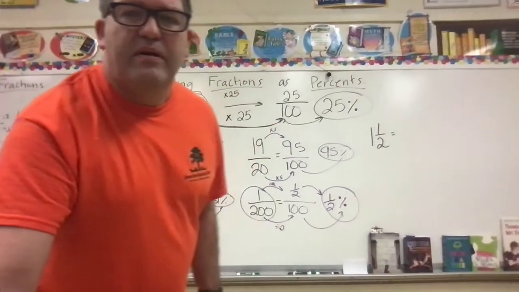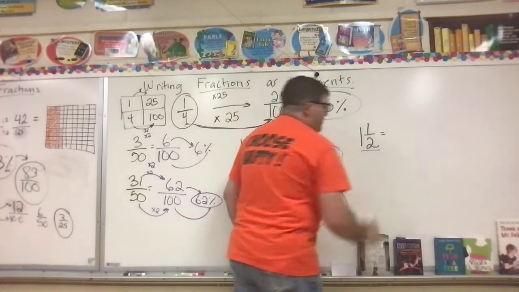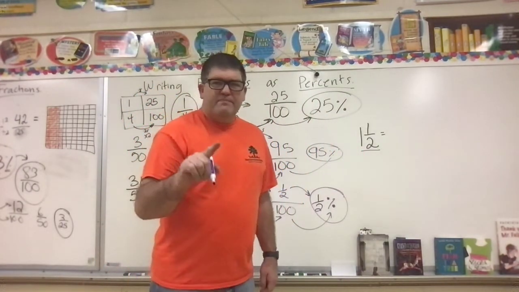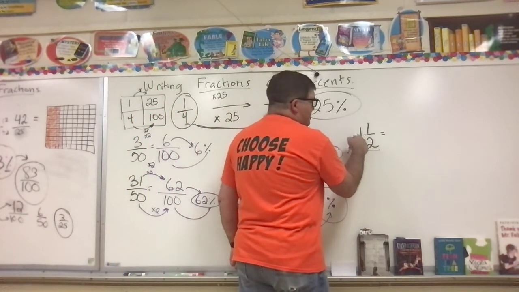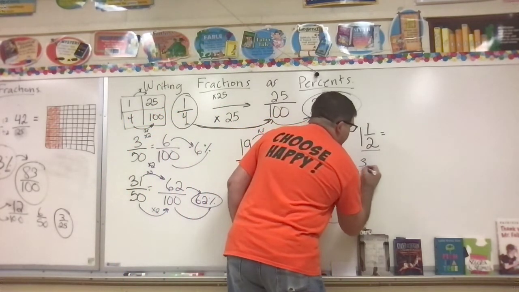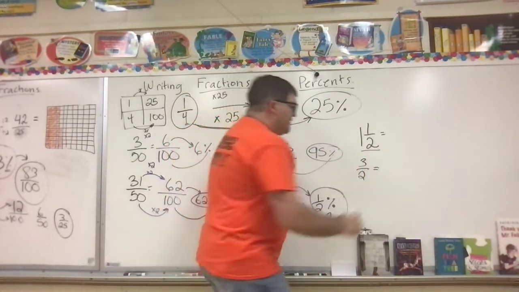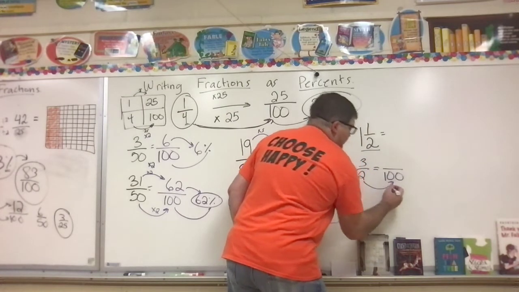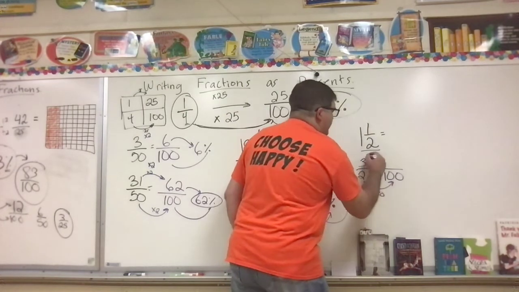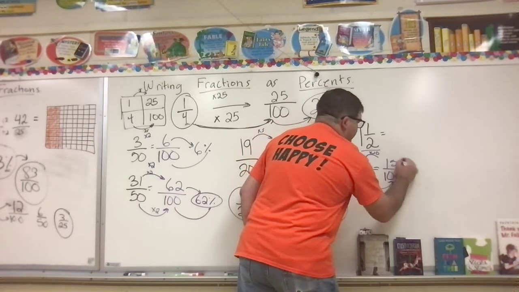Okay, I have time for one more problem. Now, we have a mixed number. Let's take that into improper. 2 times 1 is 2, plus 1 is 3 over 2. Now, I want to get the bottom to 100. How do I get from 2 to 100? Times 50. 3 times 50 is 150.